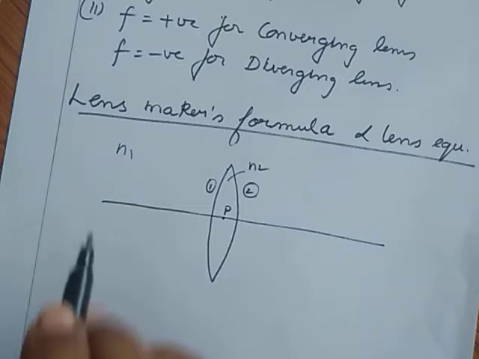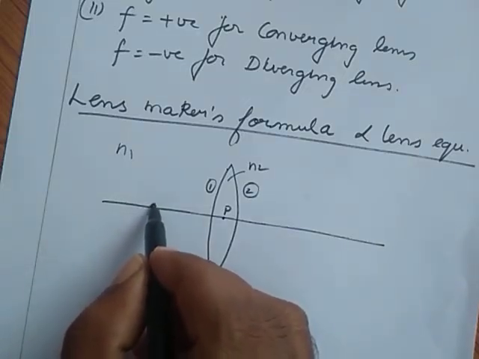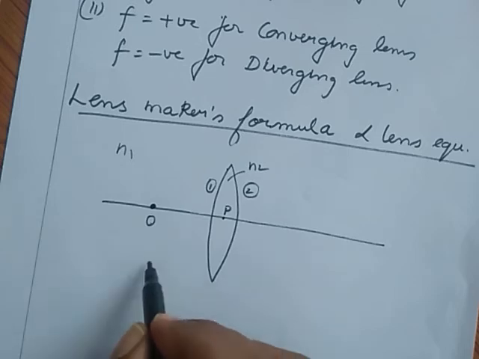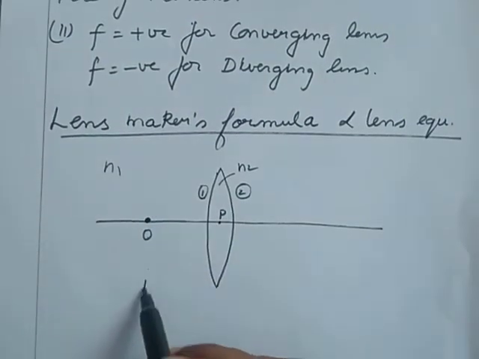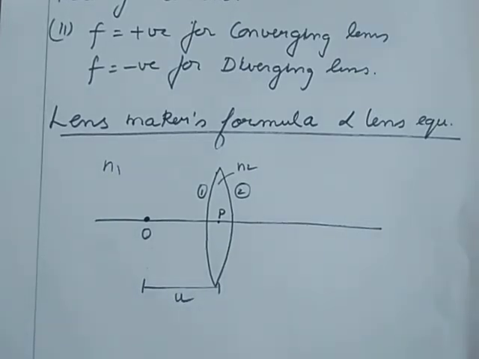Suppose I place an object O on the principal axis at the left side. The distance between the pole and the object is u, the object distance.